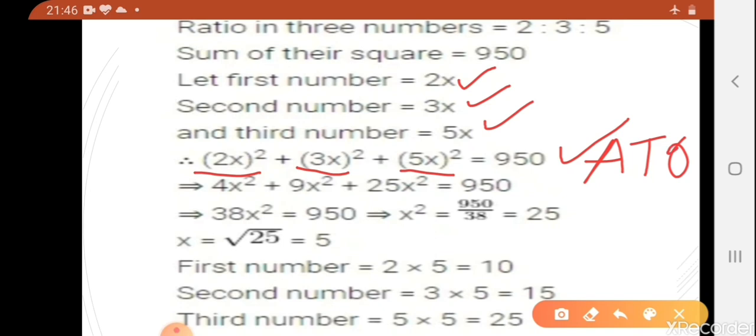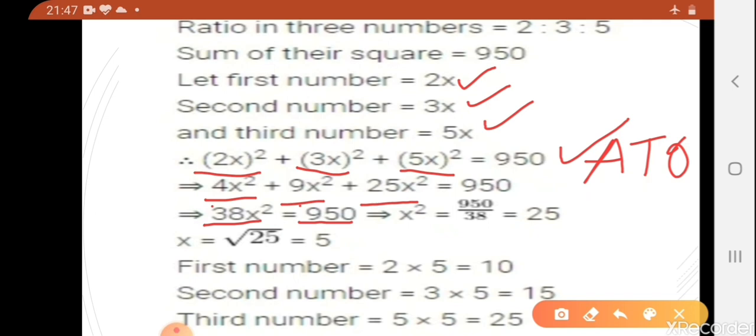Sum of whose squares. Now, when we do the square, 2 2s are 4 and x squared, 9x squared, 5 5s are 25 and x squared. When we add 4x squared, 9x squared and 25x squared, it will come 38x squared is equal to 950.